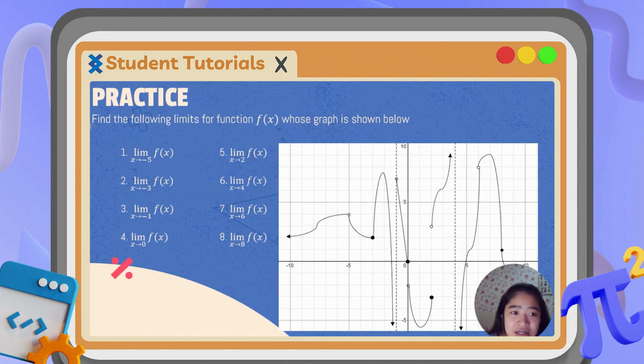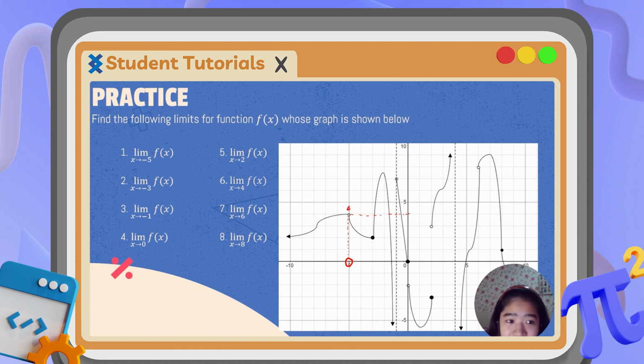So here, let's practice by taking a look at this graph below. When x is approaching -5, what would be the limit of the function f of x? Here we will see that x = -5 is over here. If we go up to the function, we see that the function approaches 4.